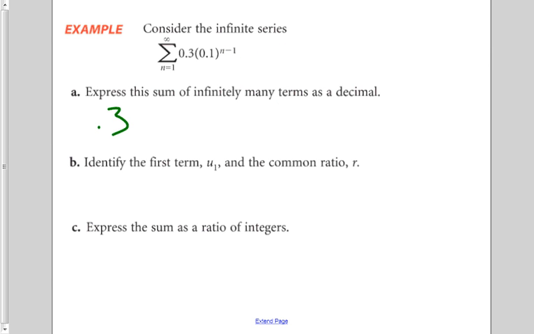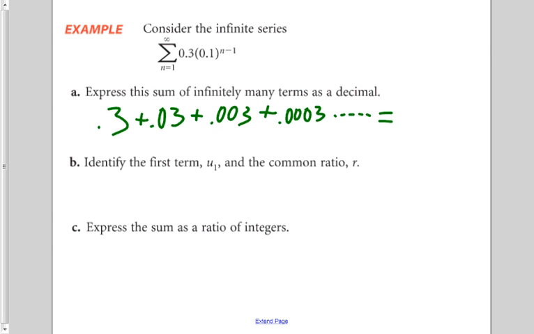Then I would need to add to that when n equals 2. So 0.3 multiplied by 0.1, well, that equals plus 0.03. Then when n equals 3, that term would be 0.003. And when n equals 4, 0.0003, and so on.